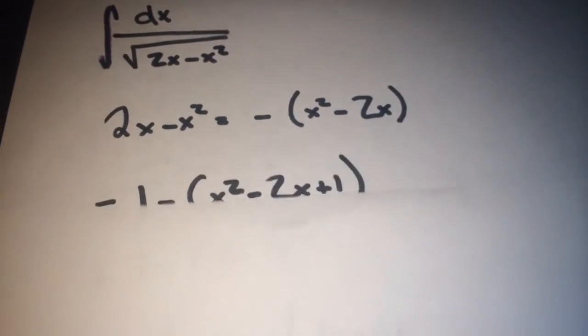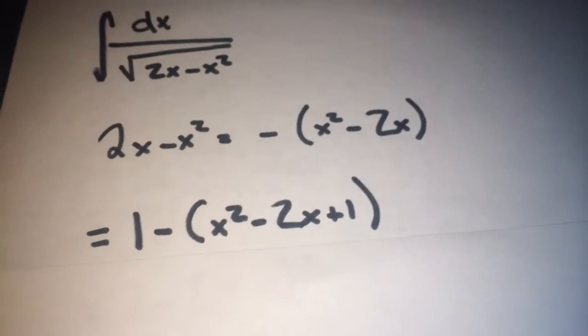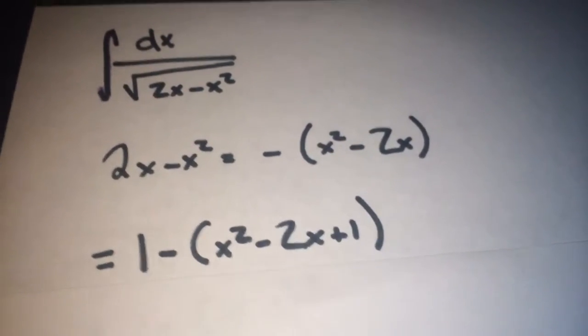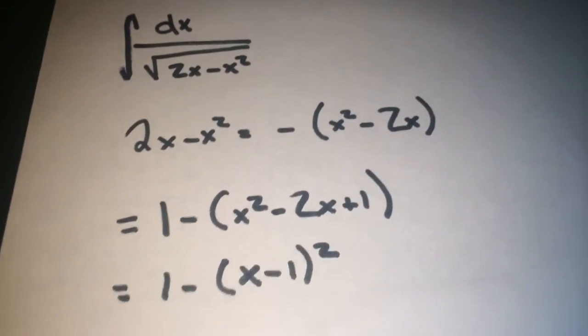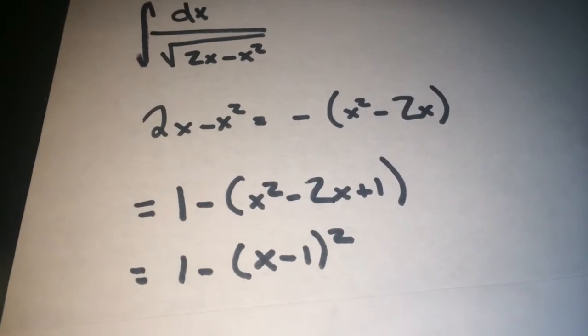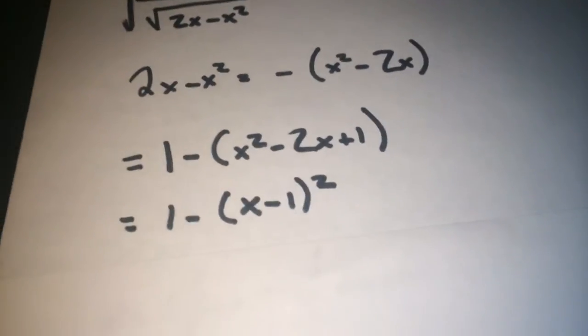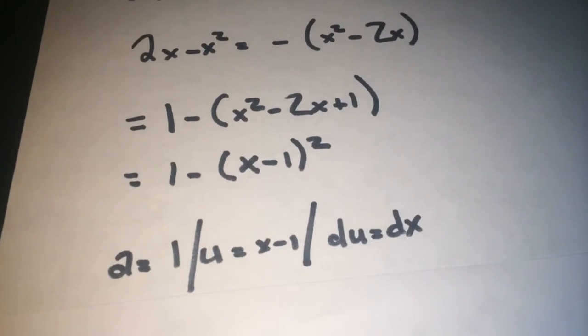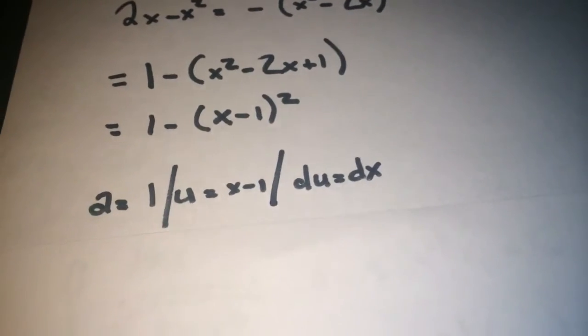So therefore, you can add 1 to the front and subtract it again inside the bracket. So we're going to have 1 minus the x squared minus 2x plus 1, which therefore goes to 1 minus x minus 1 squared. Do a and u substitution, so a is going to equal 1, u is going to equal x minus 1, du equals dx.